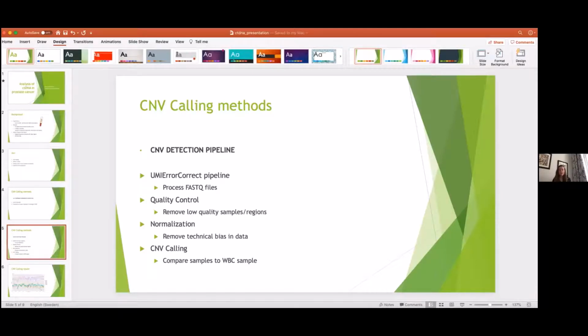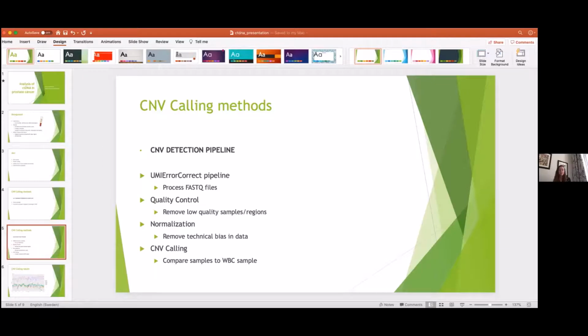So from the outputs from the UMI correct pipeline, I used the information about coverage per base, which I used further when I developed my own pipeline in R. And in this pipeline, the first thing I do is a quality control, because the read counts can vary because of the DNA quality and library prep and the sequencing process.